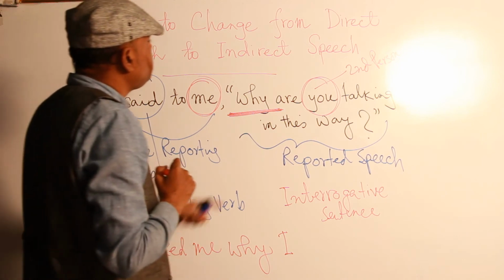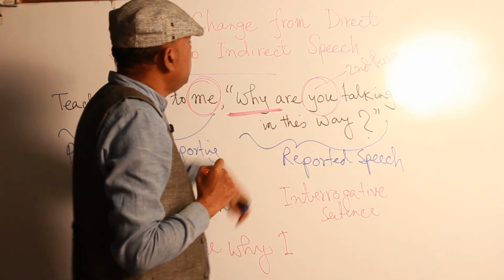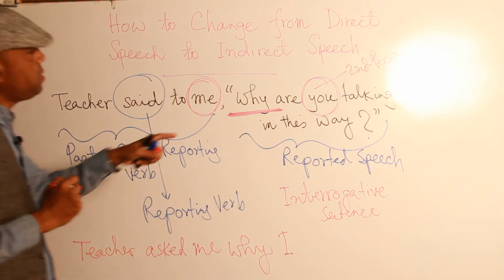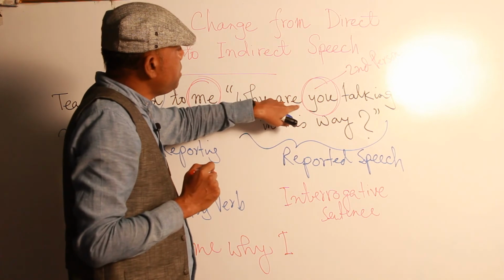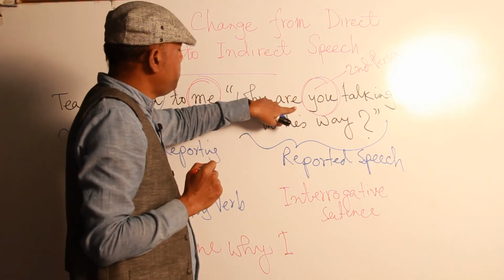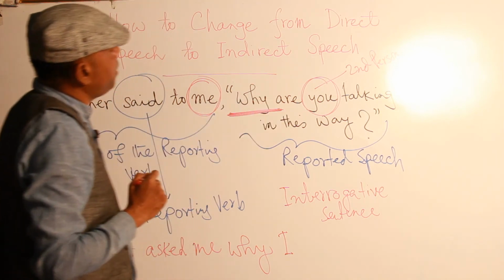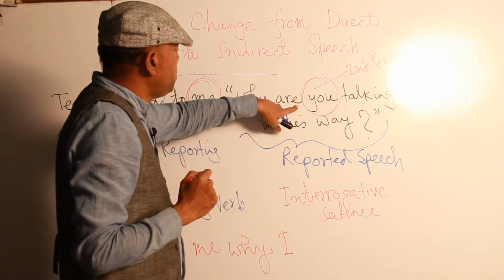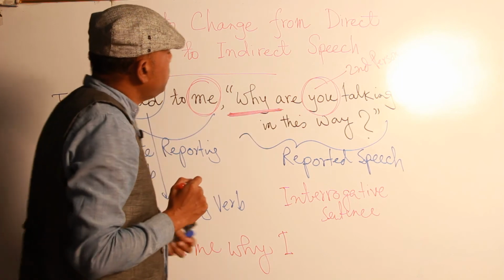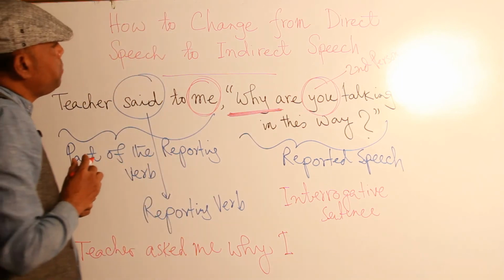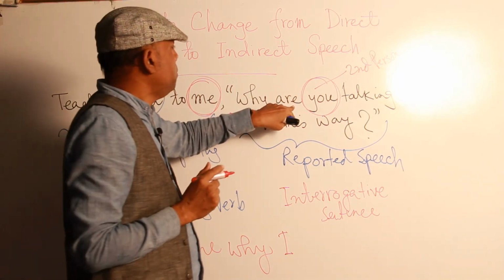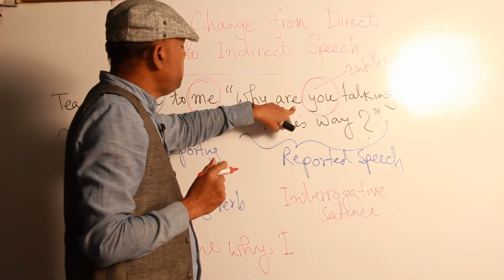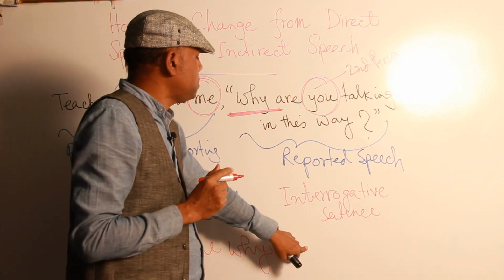Then step number 5, we have to change the tense of the reported speech. If the tense of the reported speech is present continuous, it will be changed into past continuous.